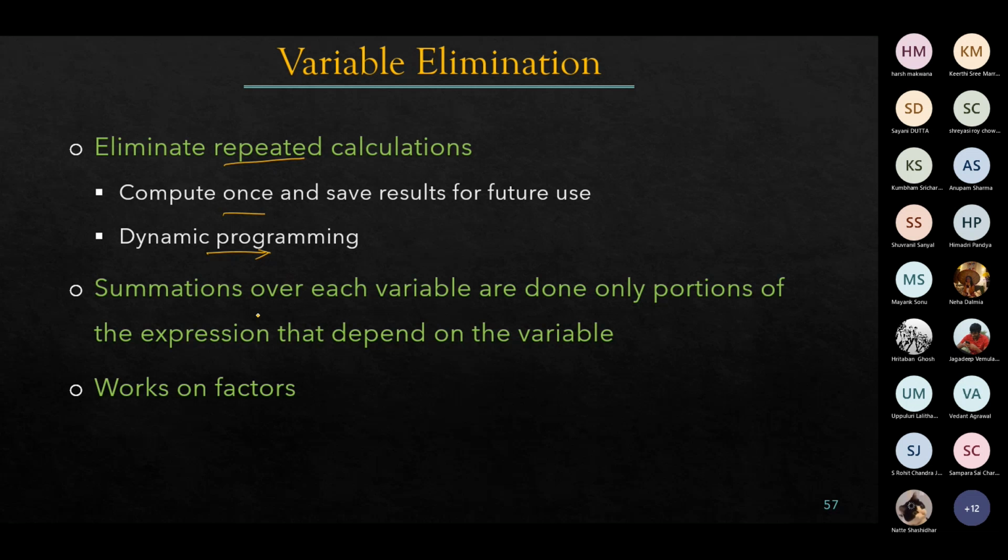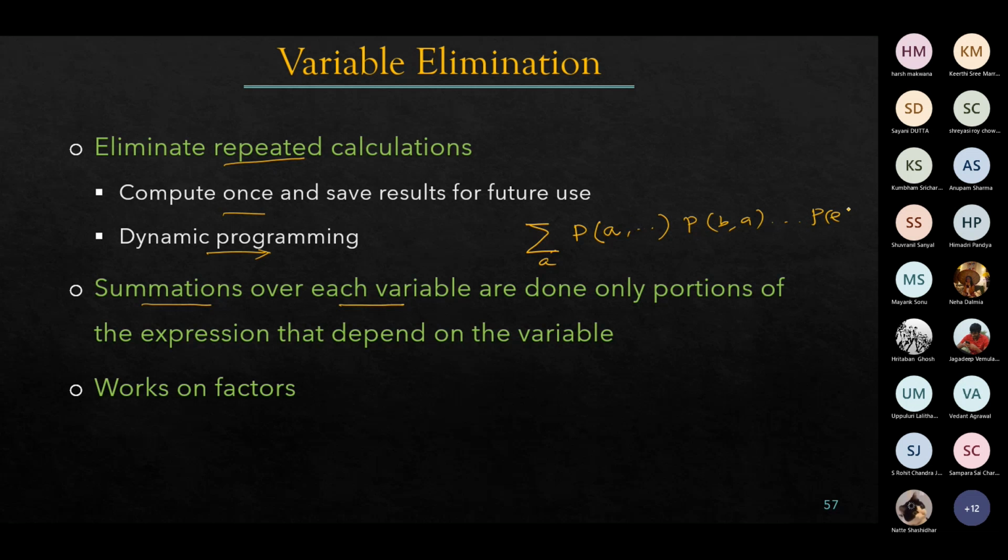Now, whenever we are doing the summation, we are doing a sum over a single variable, right? Let's say we are doing this sum over A. We are doing this for the factors which have this variable, apart from others, say P, B, something like this, right? And we just ignore the others.